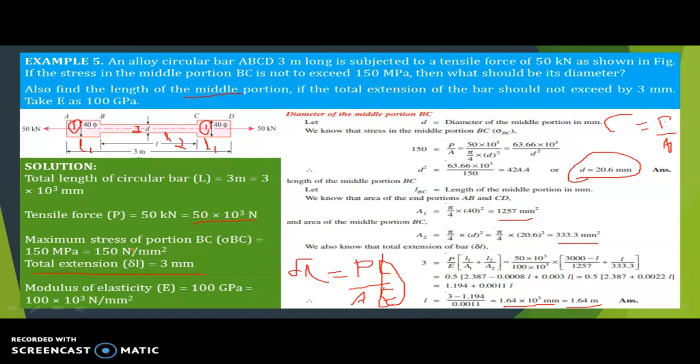Then L is this distance only, L2. So substitute, there is only one unknown, L, and the deformation you know. Simplify and you will get L is equal to 1.64 into 10 raised to 3, that is in millimeter. If you convert into meter, you will get 1.64 meters. Okay, thank you.